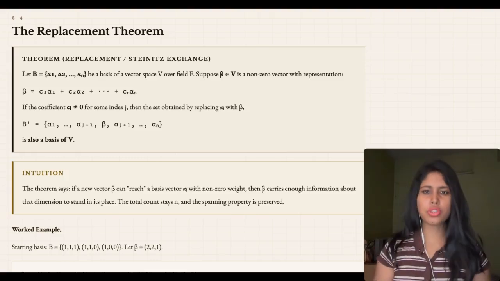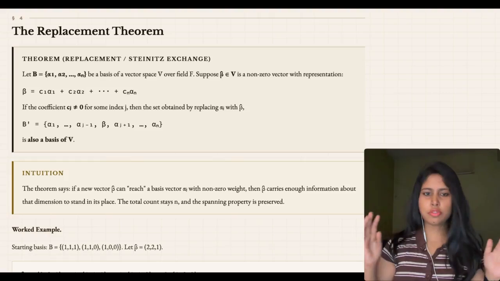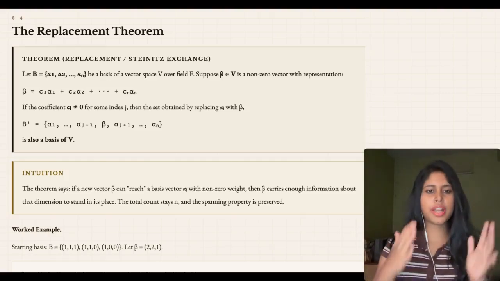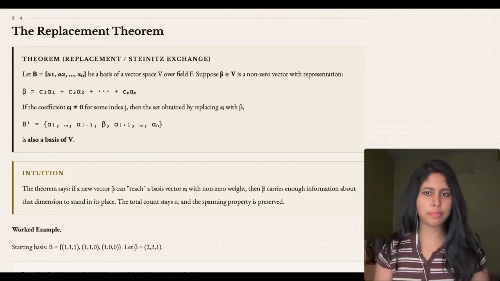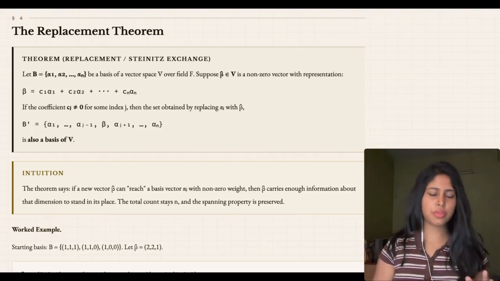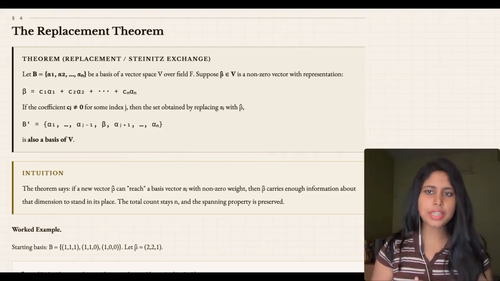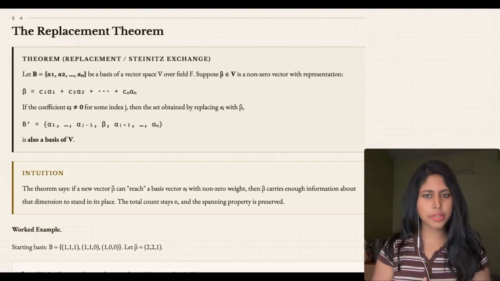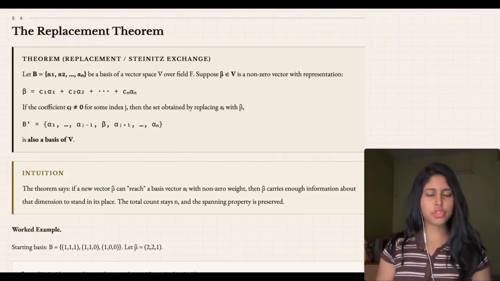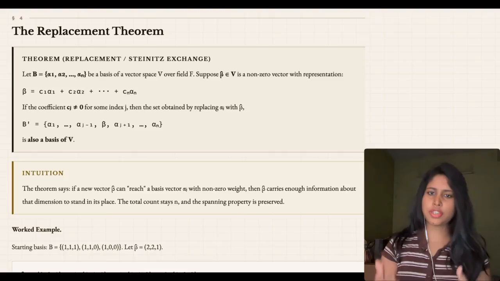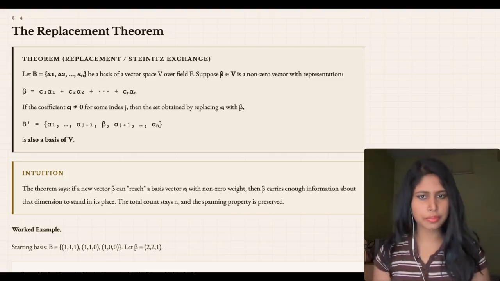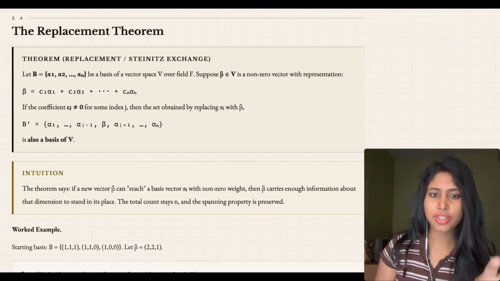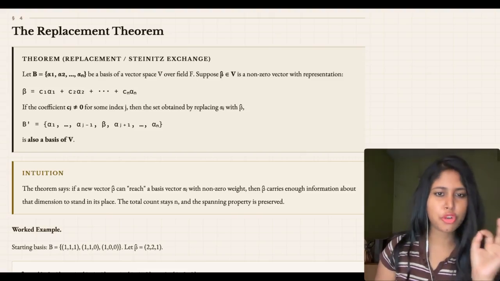The statement goes like this: suppose you have a set of vectors alpha 1, alpha 2, alpha 3, and so on till alpha n, which is a basis of vector space V. If beta is any non-zero vector in V, it can be written as a linear combination: beta equals C1 alpha 1 plus C2 alpha 2 and so on till Cn alpha n. This is an important condition for this theorem.